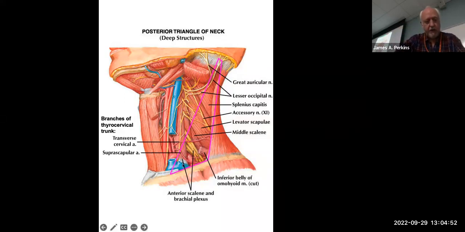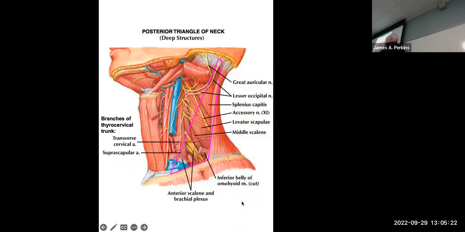Also, if you were to go very deep in the posterior triangle, which I don't think you needed to do in Tuesday's dissection, you come to the scalene muscles that I showed you on an earlier slide. When we were looking at that prevertebral area, there were scalene muscles connecting the transverse processes of the cervical vertebrae to the first couple ribs. They're visible over here. And again, when we do a deeper dissection of the neck, you'll be able to see these more clearly.